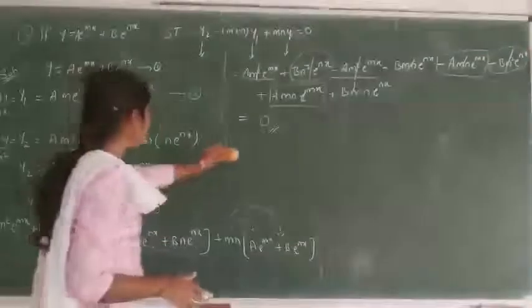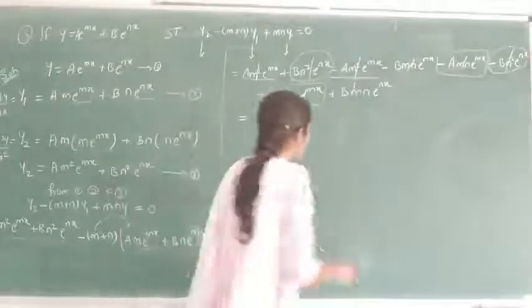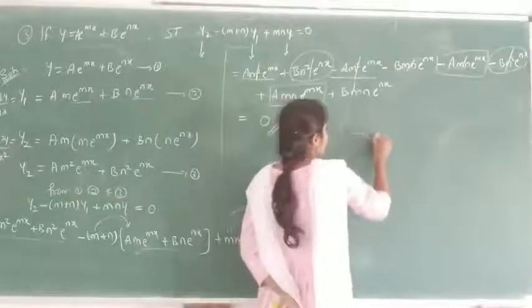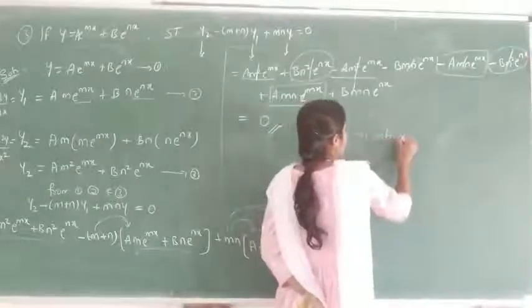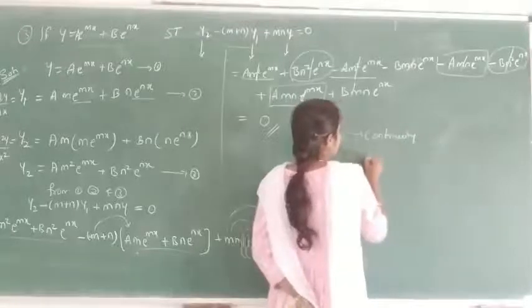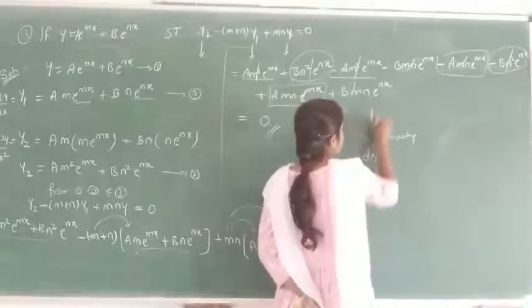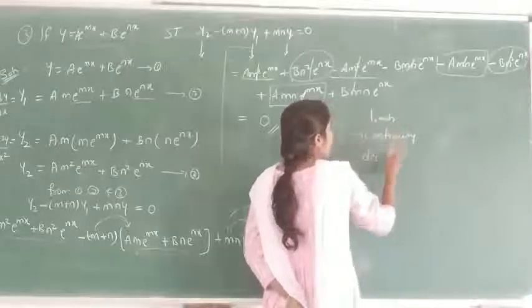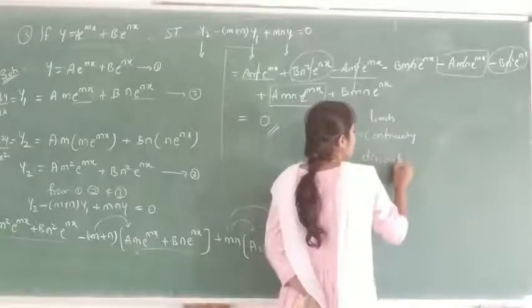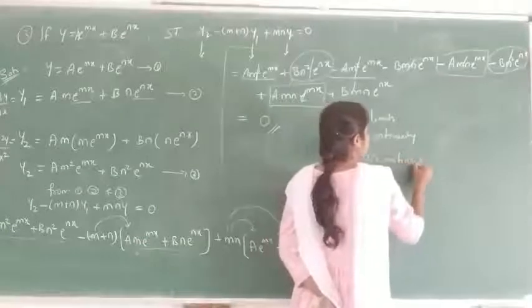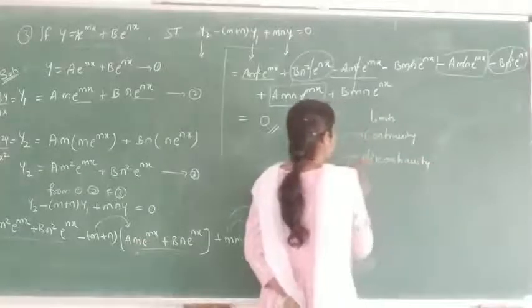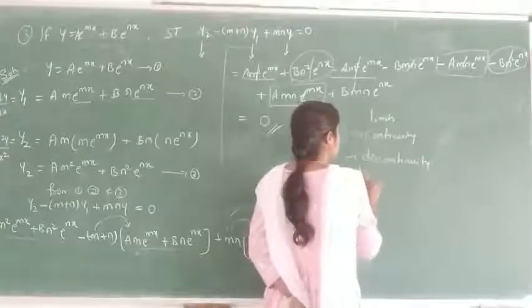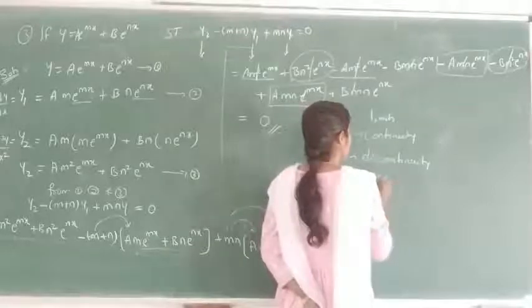So what did we discuss in this chapter? We discussed continuity and discontinuity. First we learned what limits are, then we moved to continuity, then discontinuity, and then we learned differentiability.